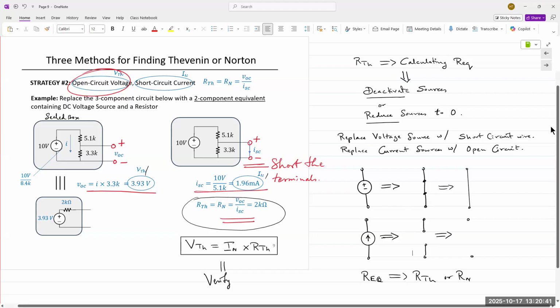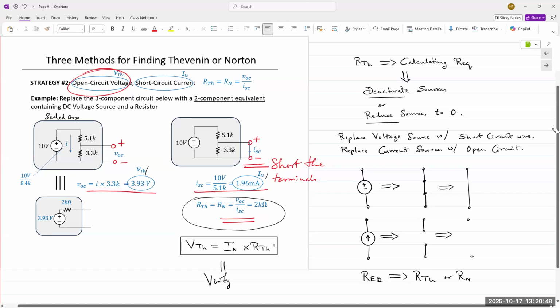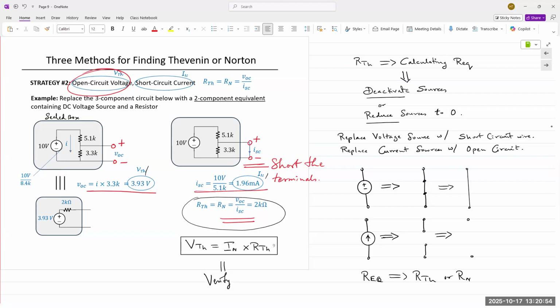Okay, then let's look at how we can calculate the open circuit voltage for this example. So we have 5.1K and 3.3K, and we are trying to find the open circuit voltage. That open circuit voltage has 2 wires coming out, okay? But those are just wires. There is no component connected to it.